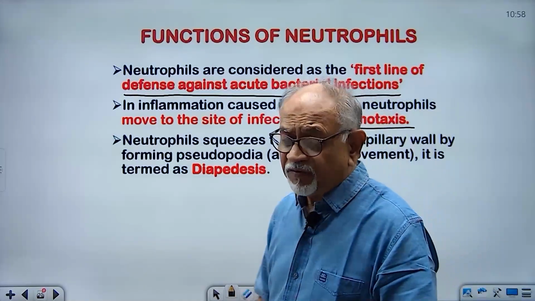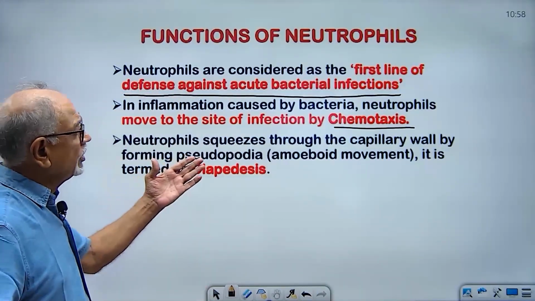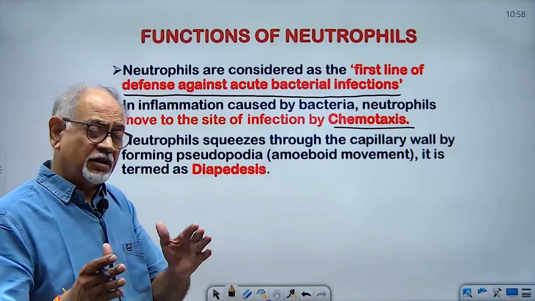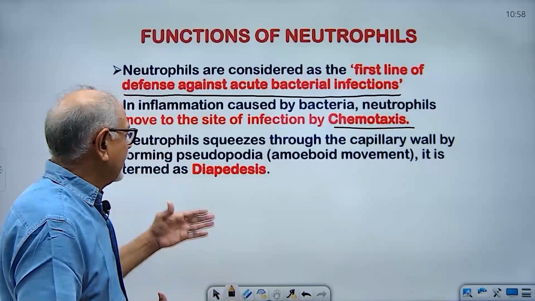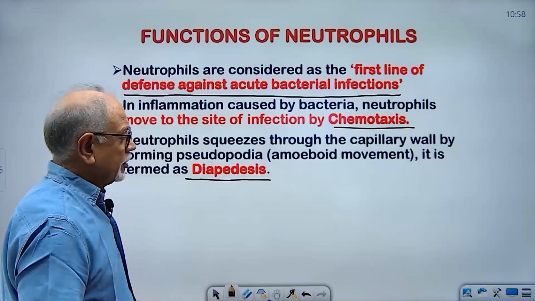Now, another phenomenon by which the neutrophil reaches the site of infection and gets gathered and accumulated there is the process called diapedesis.